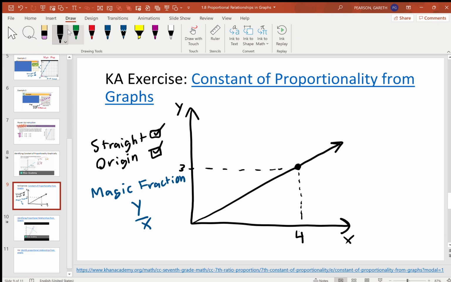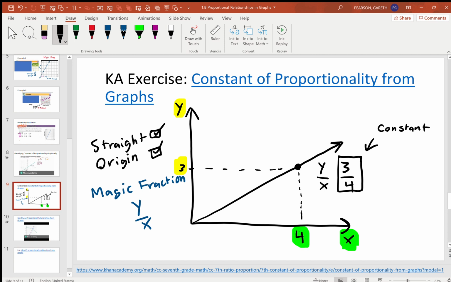So, for that point, my magic fraction, y over x, my y is 3, and my x is 4. Boom. You can use a calculator if you want to find out it's 0.75, but you don't have to. That right there is my constant. That's it. The magic fraction really comes in very handy.